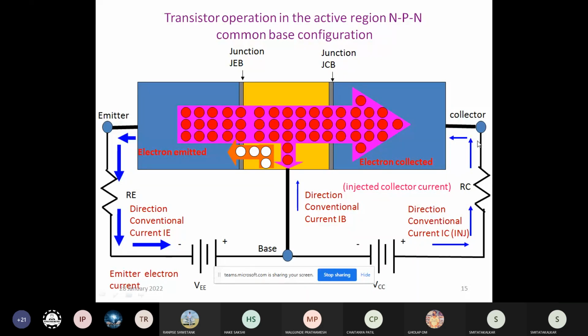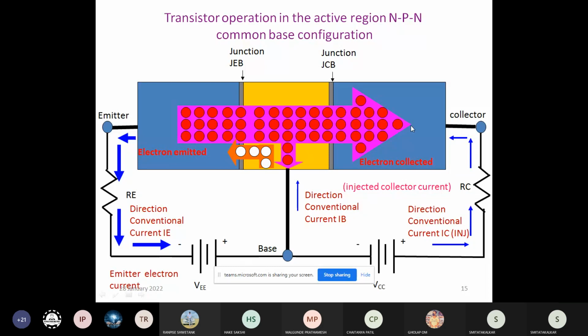Before the junction it is the collector current, and after the formation of the junction, this collector current is directly proportional to the injected collector current, because here you can see the directional conventional current. This conventional current is similarly flowing through the base terminal. On the upper side is the base terminal, and in this base terminal current the P region is chargeable and the current flows from emitter to base terminal on the input side.